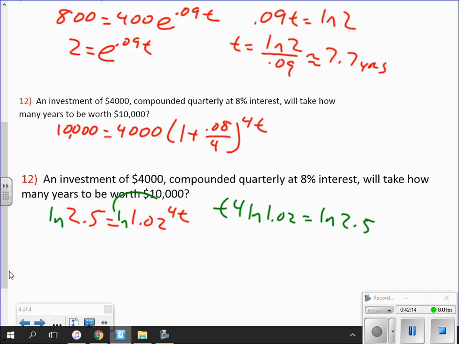Divide both sides by 4 natural log of 1.02. t equals the natural log of 2.5 divided by 4 times the natural log of 1.02, and you get 11.57 years. So it'll take about 11 and a half years. 11 years and 7 months-ish.